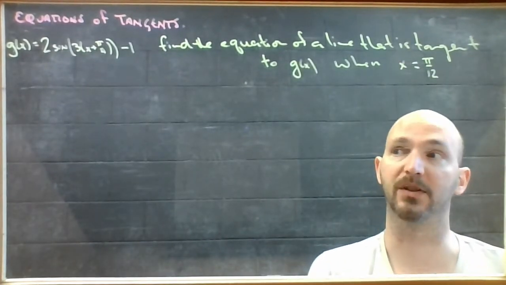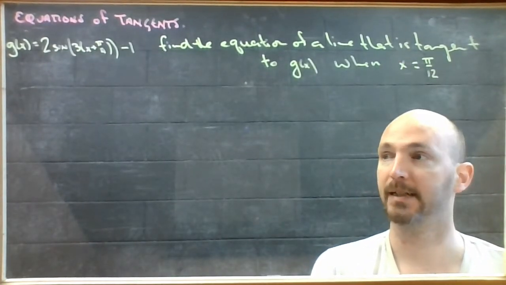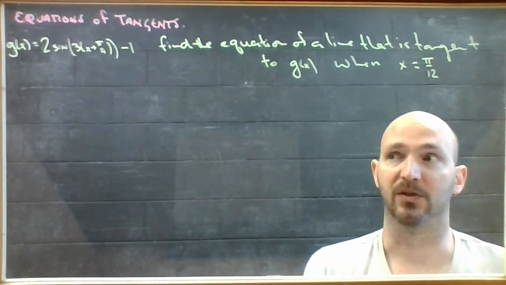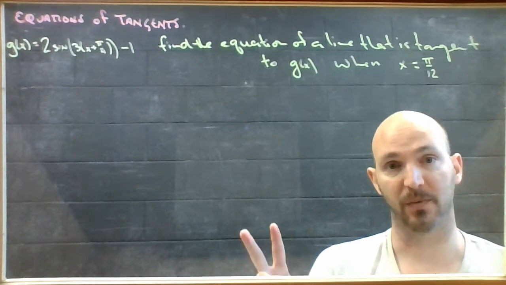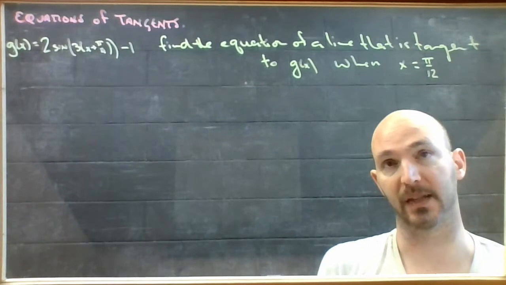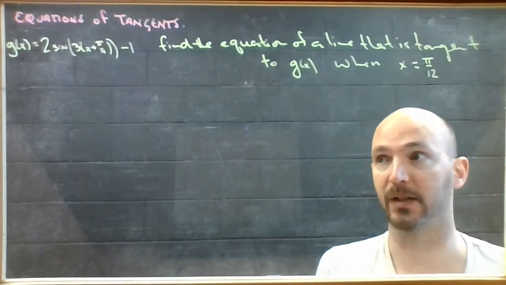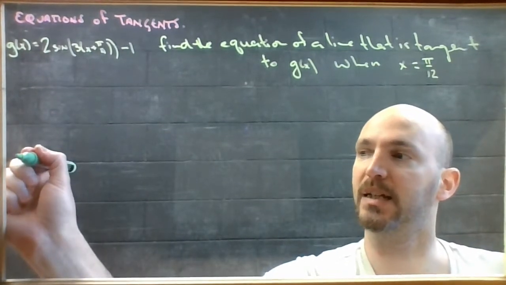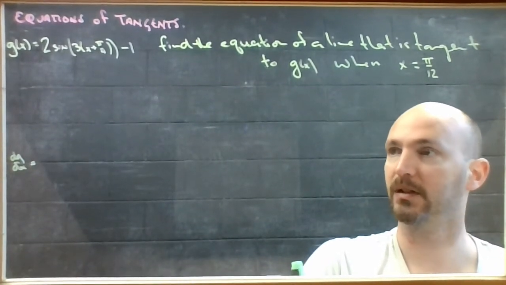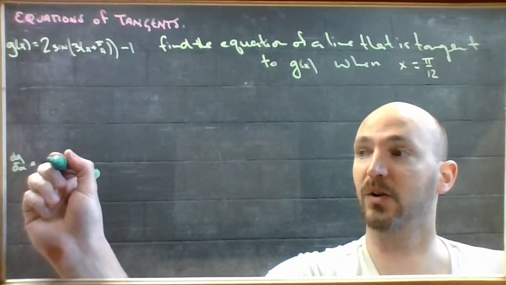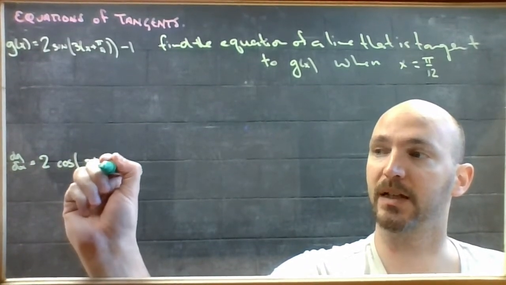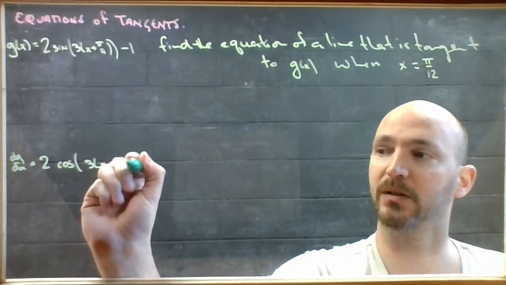Okay, so we're going to give a sine function a try. The fact that I've changed the base function doesn't change the process. I still need to have a slope and a y-intercept. I'm going to get that slope by finding the derivative of this thing and then plugging in the x value that I'm after. So dg dx is going to equal, derivative of a sine is a cos, so 2 cos of 3x plus pi over 4.